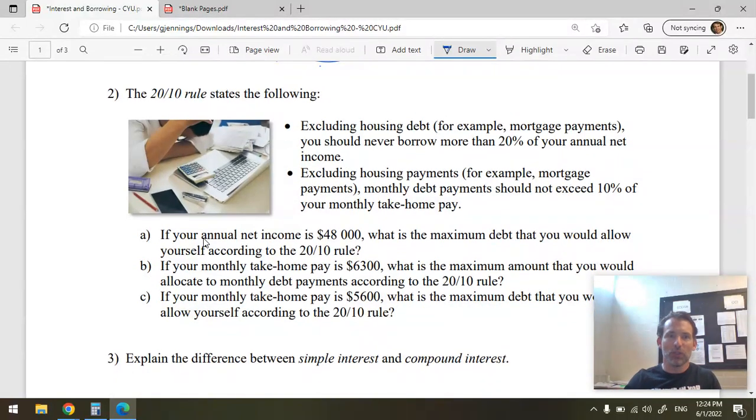Next, we learn a little bit about the 20/10 rule. To be honest, I'm learning about the 20/10 rule from this worksheet. Excluding housing debt, mortgage payments, and the like, you shouldn't be borrowing more than 20% of your annual net income. Okay, so what does that mean?